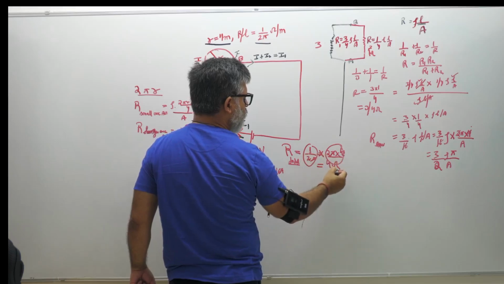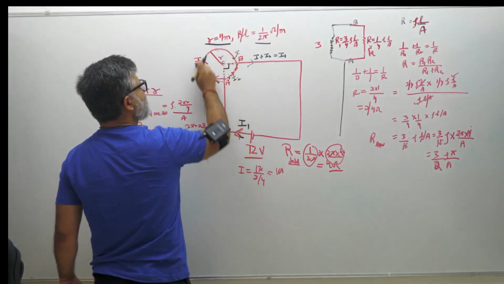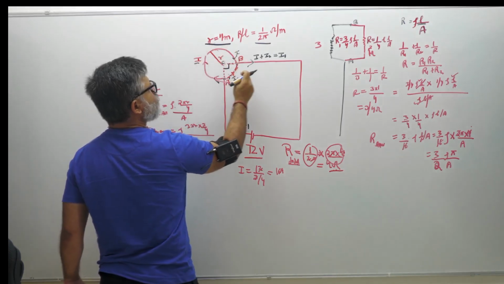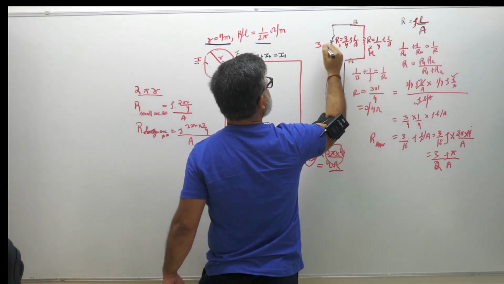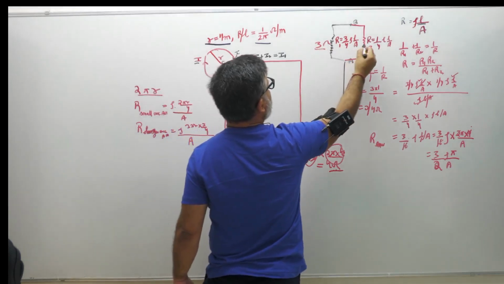So you get 4 ohms because this R is 4. The 4 ohm, which is the total resistance, is getting divided into 3:1, which is possible as 3 ohm and 1 ohm. So essentially, this is 3 ohm and 1 ohm in parallel.